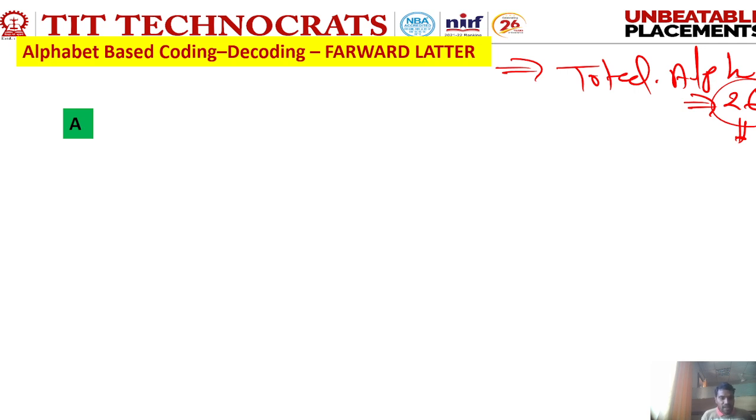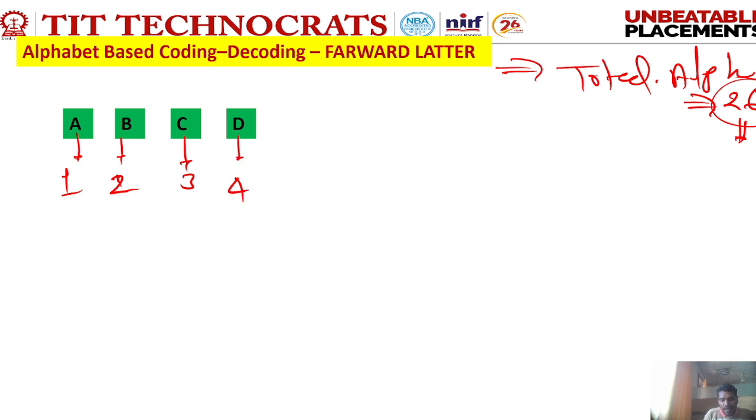A is number 1 in forward order, B is 2, C is 3, D is 4, and E is 5.